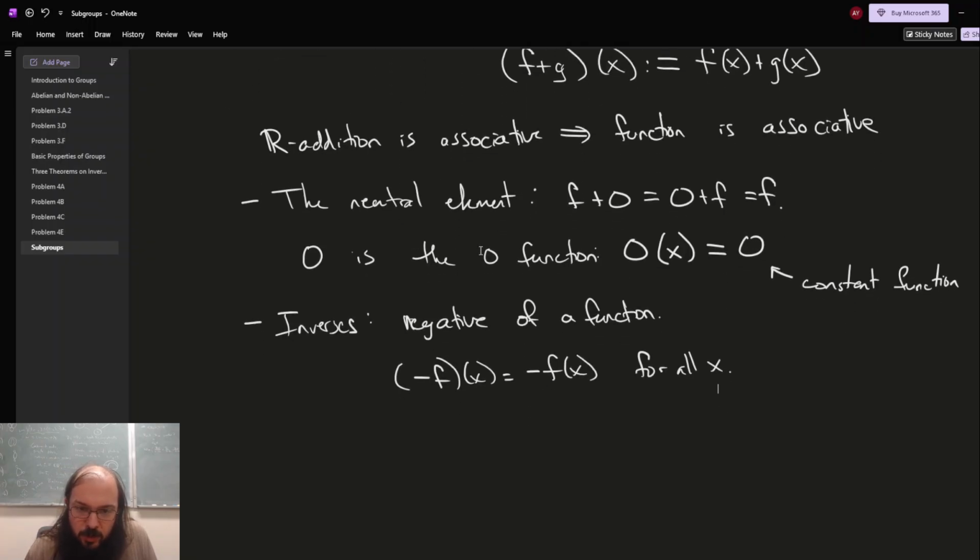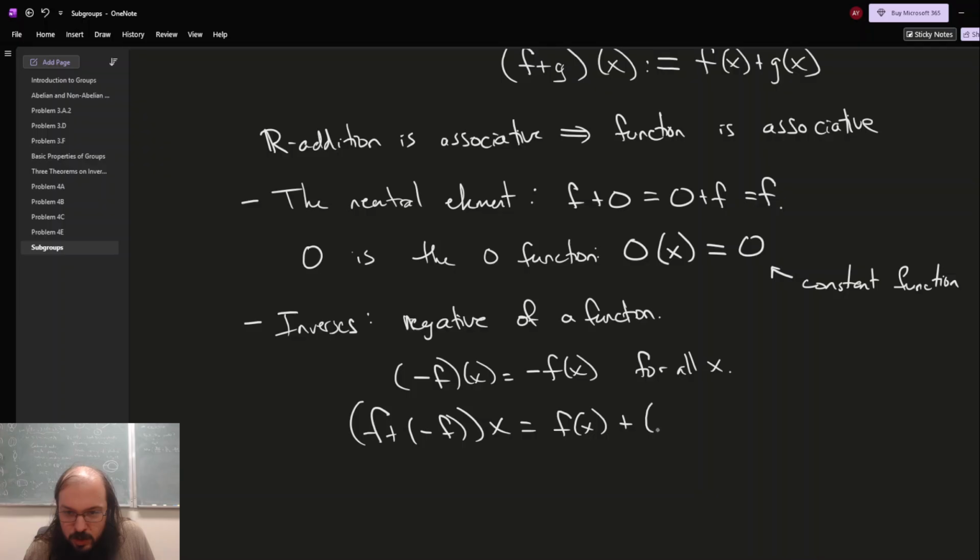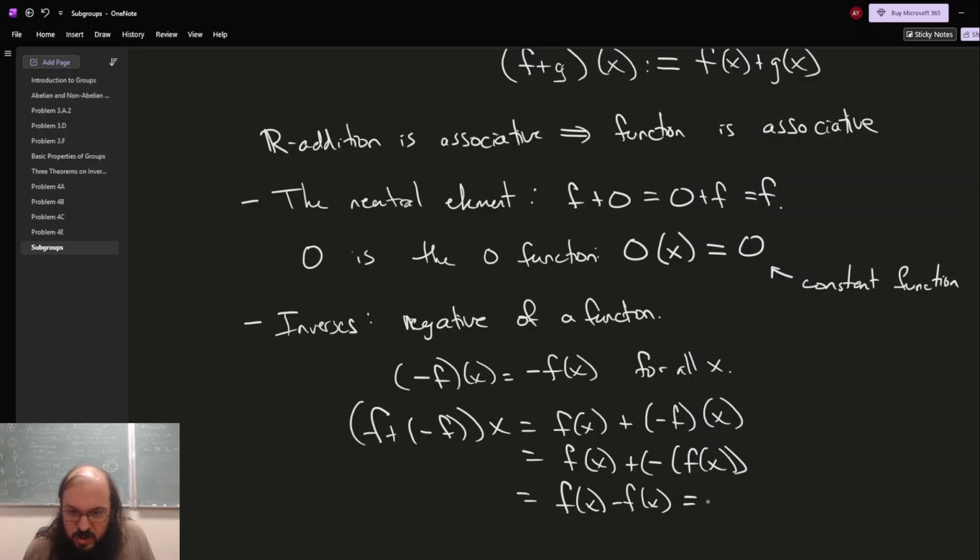And so in particular, f plus minus f of x. Well, according to my first rule, I evaluate that by f of x plus minus f of x. This is the same thing as f of x plus negative f of x, which is f of x minus f of x, which is 0.